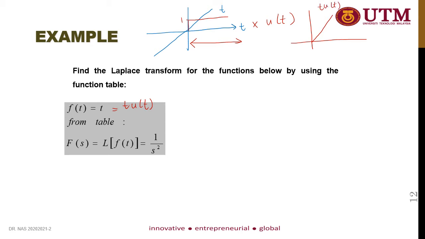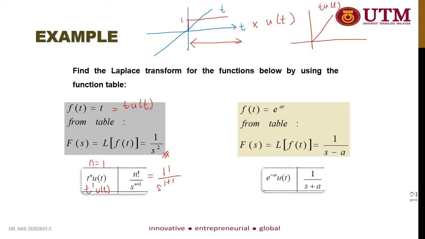By referring to the Laplace transform table, this is the closest shape to the given equation. You have t to the power of 1 u(t), so your n equal to 1 in this case. So it is equal to n factorial, 1 factorial, divided by s to the power of n plus 1, which is 1 divided by s squared.